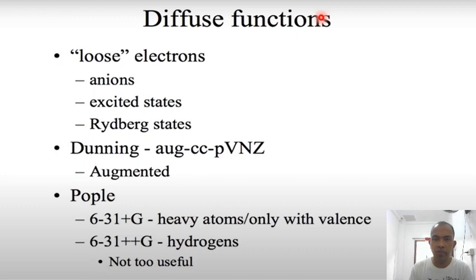These are added functions with exponents such that they decay slowly, and as a result you'll be able to accommodate things like an anion. The general rule is that if you don't include those functions, you tend to do okay for molecular geometries, but you do badly for the energies, because you're forcing at least one electron to be much closer to the rest of the molecule than it would otherwise be.